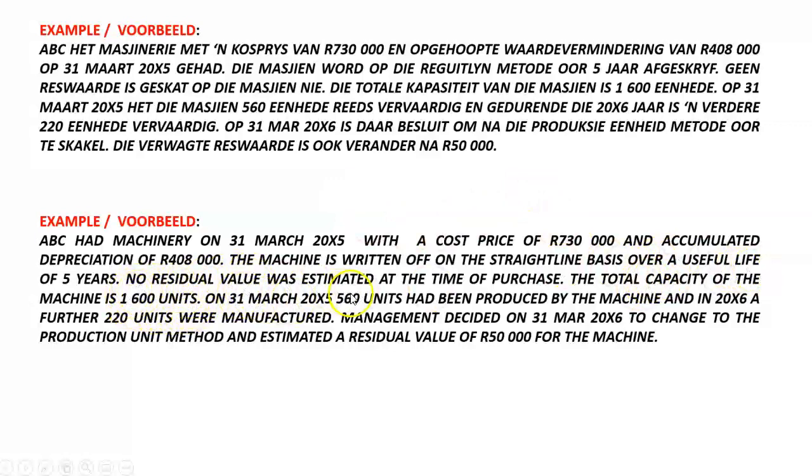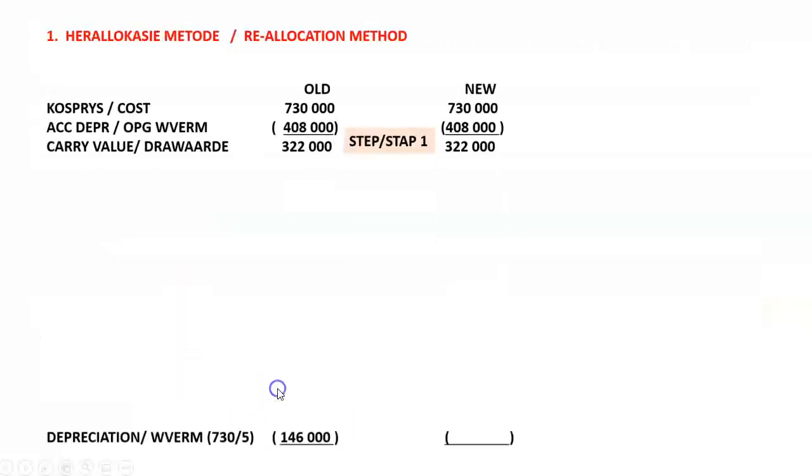But up to the beginning of the current year, we have already used 560 units. So I cannot work with 1,600 units. I have already gobbled up some of that capacity, i.e. 560 units. So what is the capacity of this machine at the beginning of the current financial year? Only the difference between the two, which is 1040 units. In the current year, we have produced a further 220,000 units.